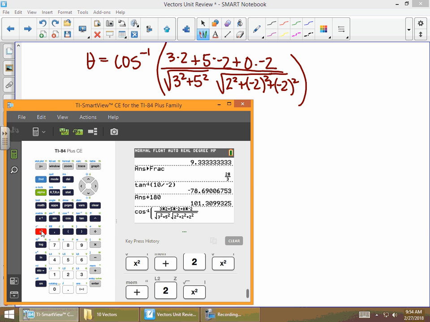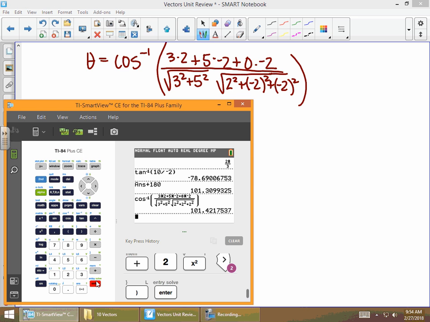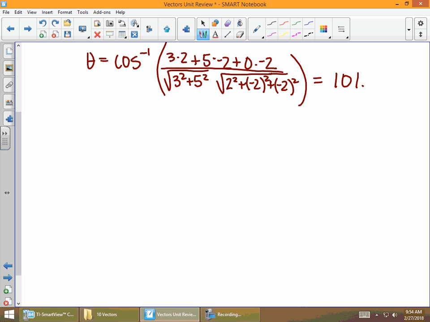And you can put those negatives in. Again, when we square a negative, it ends up positive anyway. Get out of there and close my parenthesis. 101.421 or 422. You're going to round. Again, I'm looking for 3 decimal places, truncated or rounded. That is dot product and the angle between two vectors.